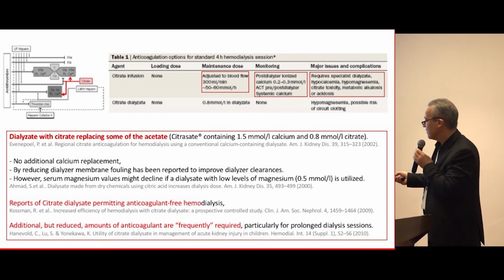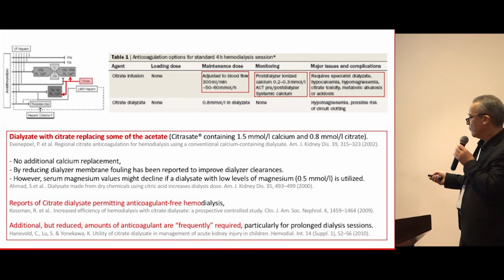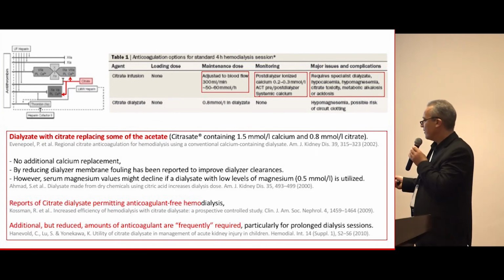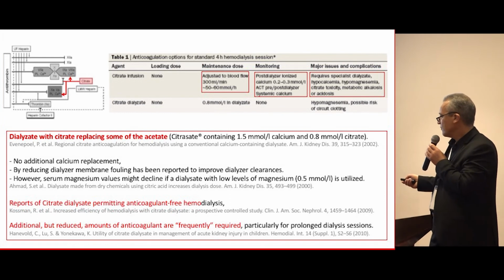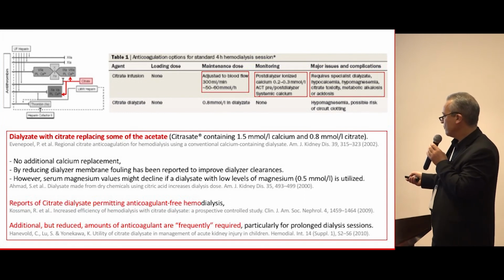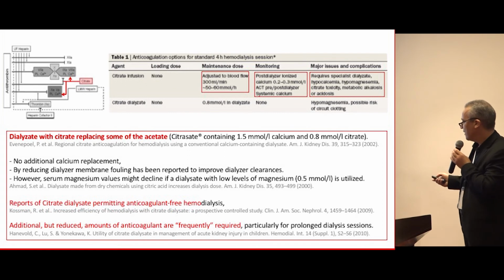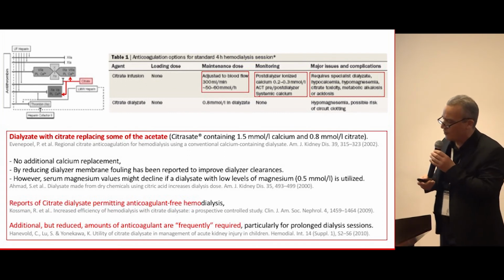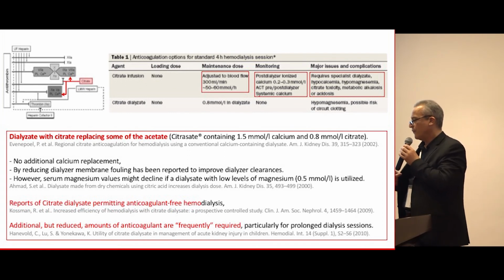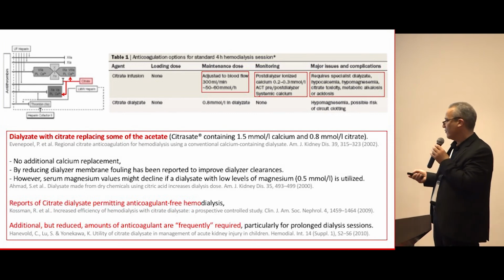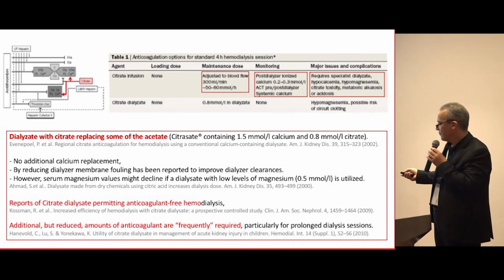By reducing dialyzer membrane fouling, it has been reported to also improve dialyzer clearance. However, the serum magnesium values might decline if a dialysate with a low level of magnesium is utilized. So usually we think about checking the magnesium and correcting hypomagnesemia in these patients.